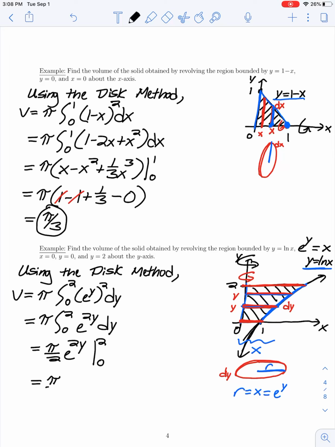So I have out in front my constant pi over 2, and when I evaluate this antiderivative at y equals 2, I have e to the 4th power, and then I subtract e to the 0 power, which is 1. So this expression would be the volume of the solid obtained by revolving that region about this y-axis. Okay.